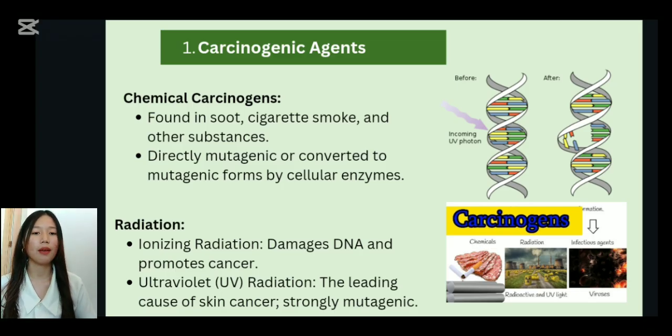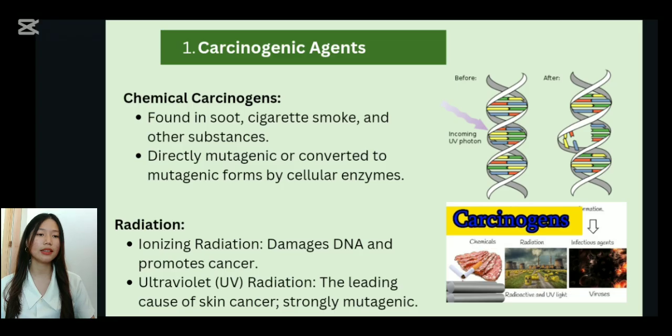O kaya yung mga vehicle na nag-i-emit ng mga itim na usok na may harmful substances na carcinogenic na nalalanghap natin. So, ito yung mga substances that can directly cause changes, mutations in the DNA, or they can be transformed by the body's enzymes into forms that cause mutation. So, these mutations can lead to cancer over time.